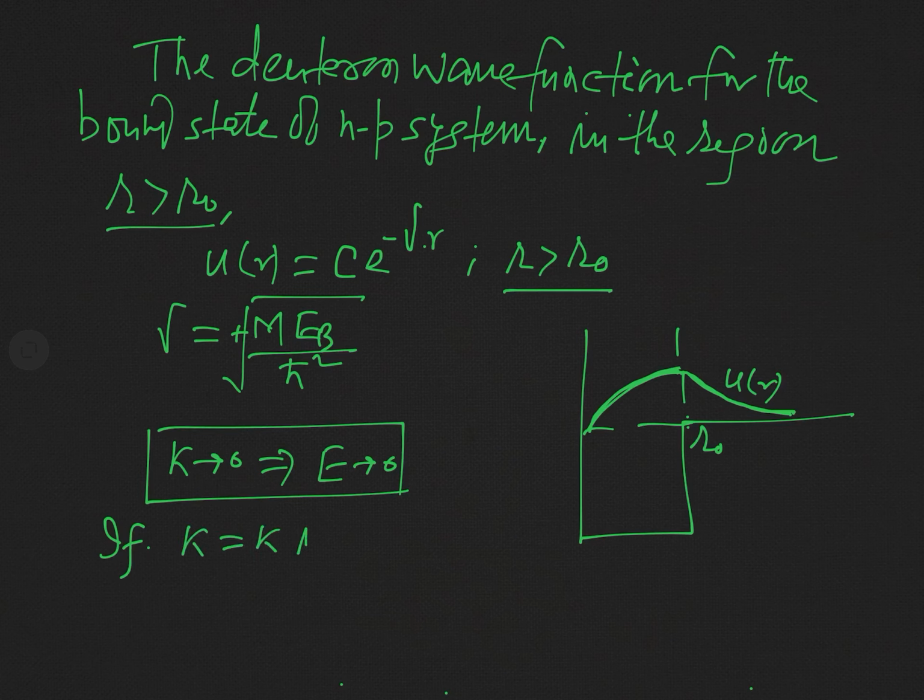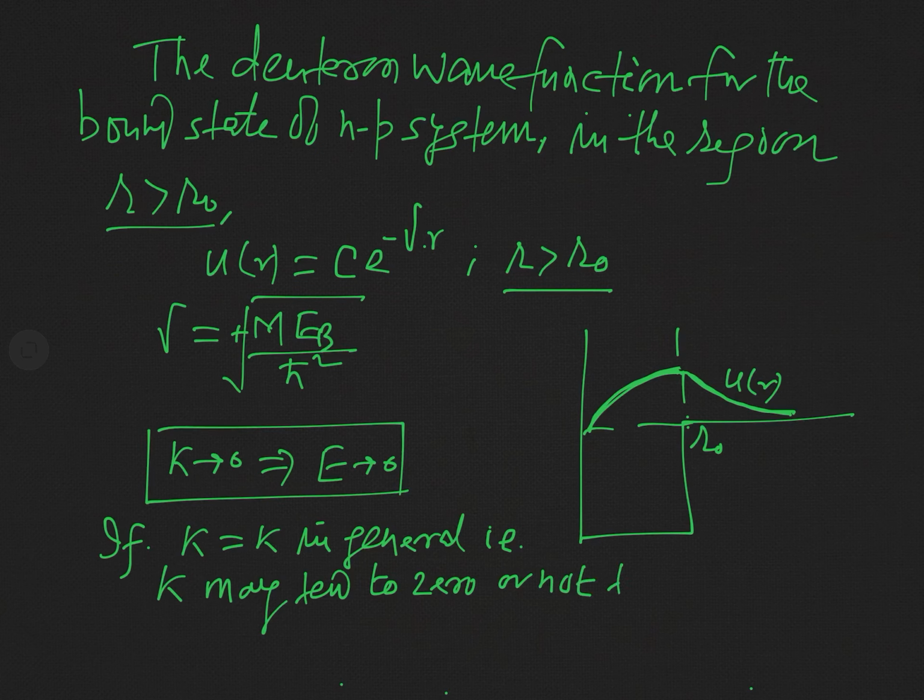So if k is equal to k in general, it means it may be 0 or may not be 0. In general, k may tend to 0 or not tend to 0.